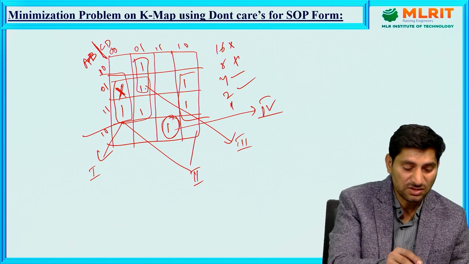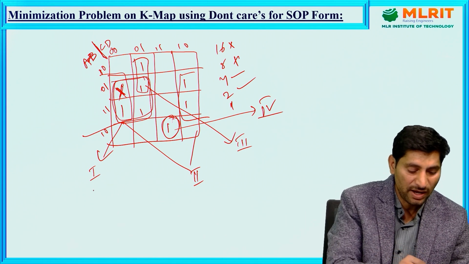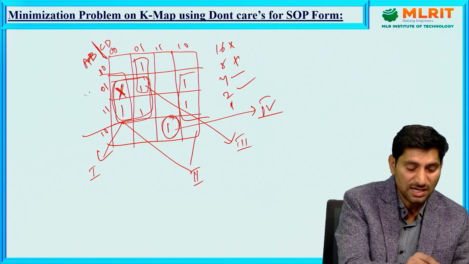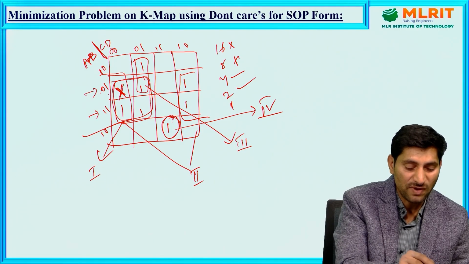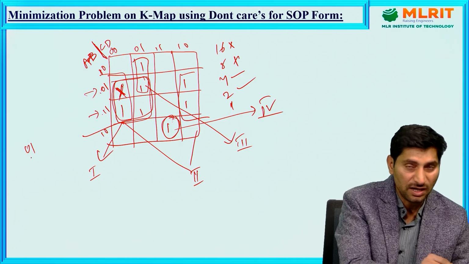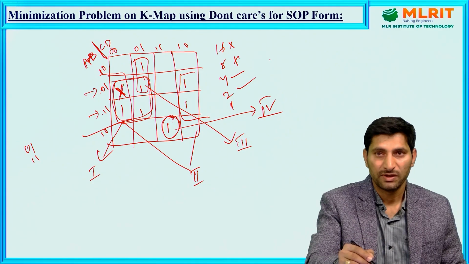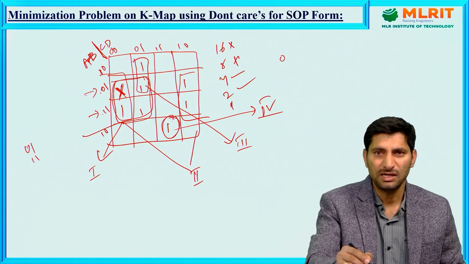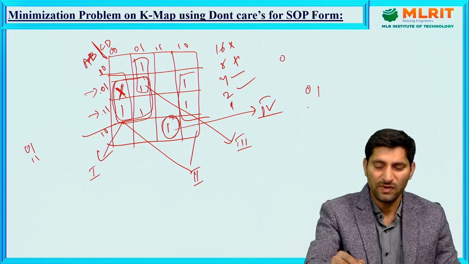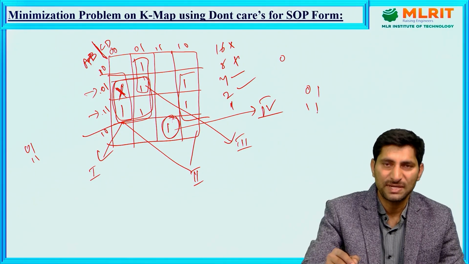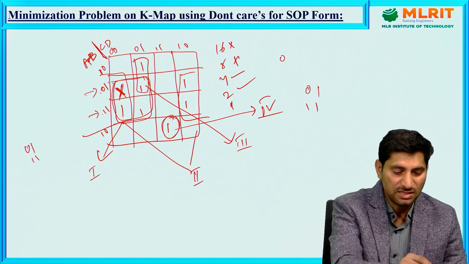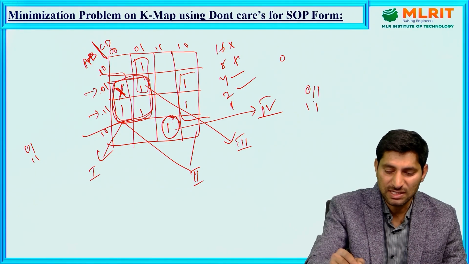Now from the first group, this is the first group. Now I have to obtain the minimized term. So horizontally if you observe 0, 1 and 1, 1, horizontally we can observe, okay, 0, 1 and 1, 1 will represent this group. Okay. So what is the common here? This one.